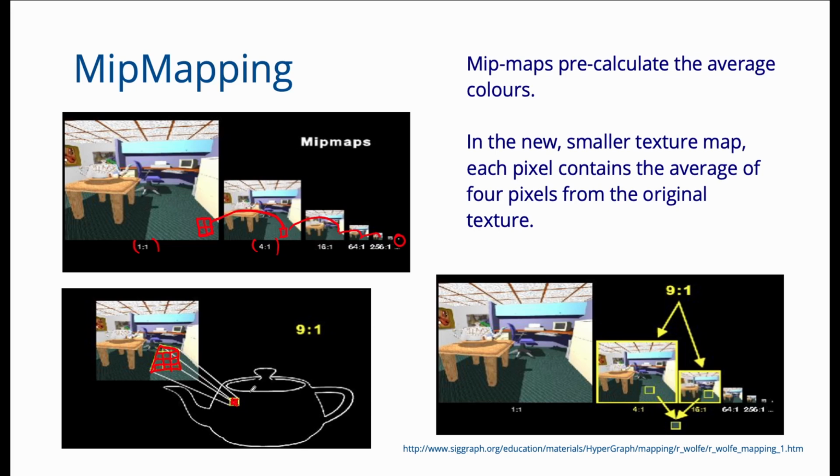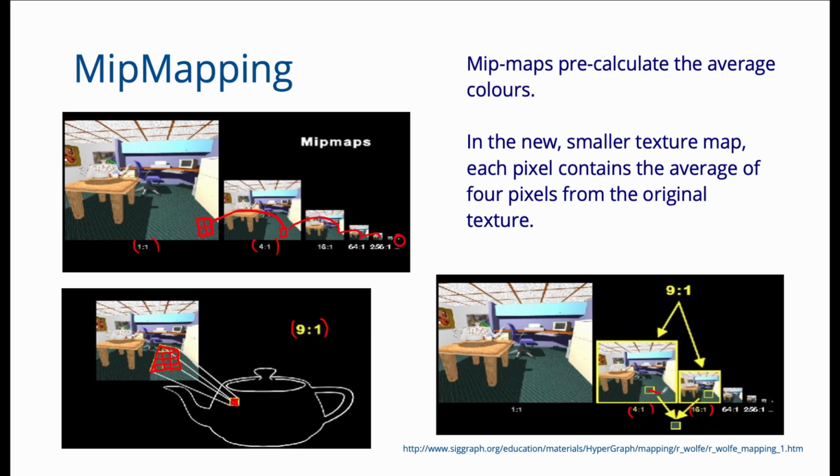The MIP mapping solution is to identify that you have a 9:1 mapping here. 9:1 lies between the 4:1 and 16:1 levels of the MIP map. So therefore you take the corresponding texture sample from the 4:1 MIP map level and the 16:1 MIP map level.